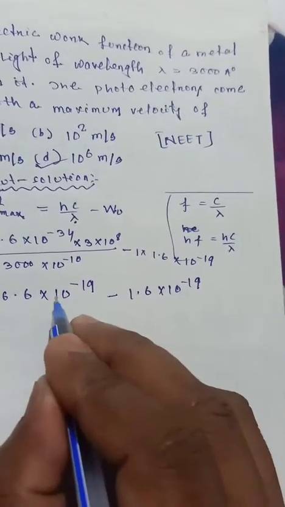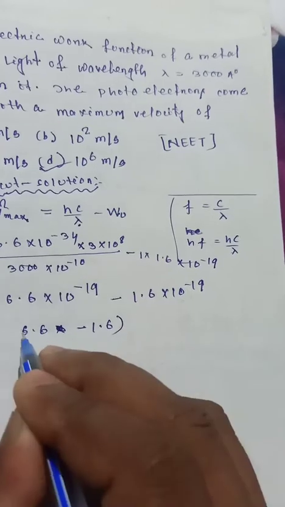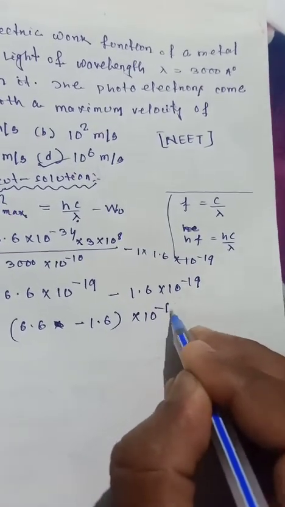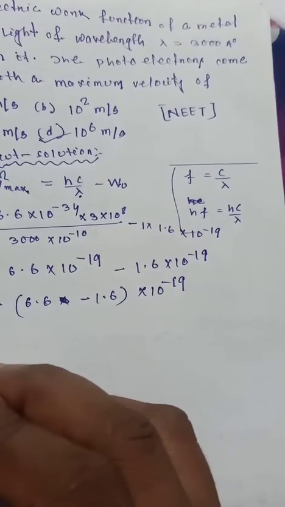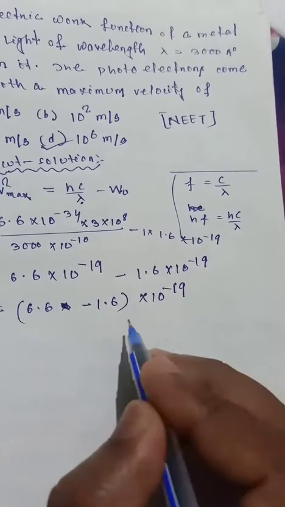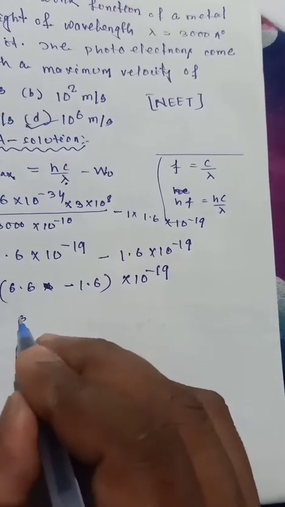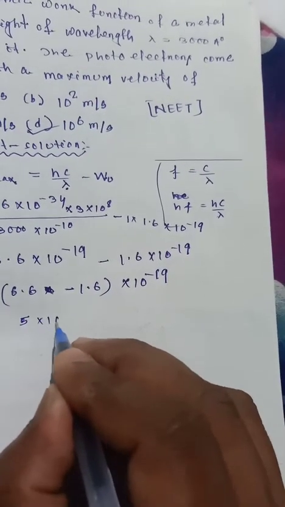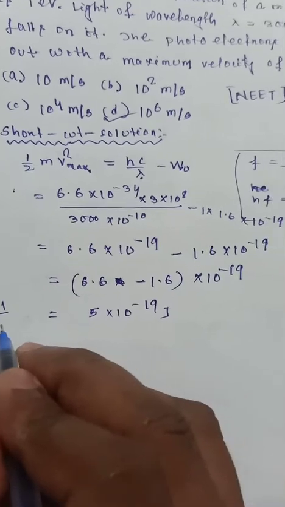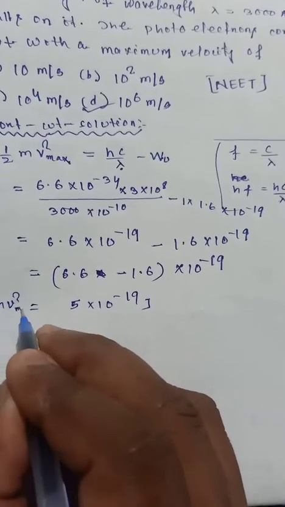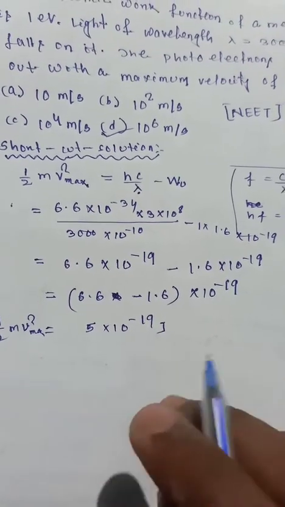Taking common 10 to the power minus 19, 6.6 minus 1.6 is nothing but 5. So the maximum kinetic energy is 5 into 10 to the power minus 19 joule.